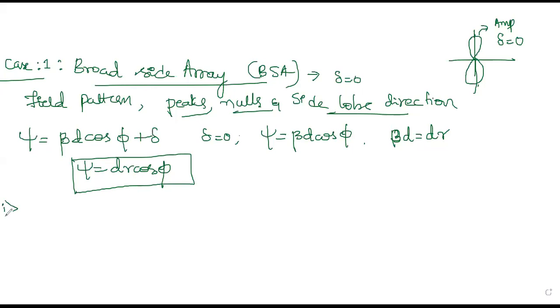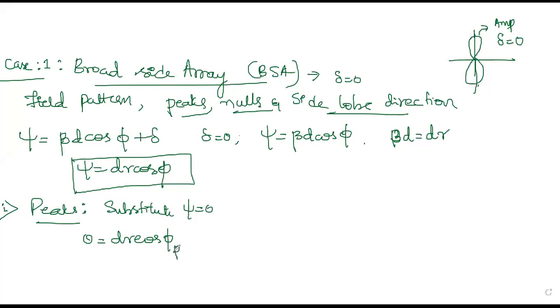Now to find out the direction, you have to find out first the peaks. To find the peaks, the step is you have to substitute xi is equal to 0. So if you substitute xi is equal to 0 in this equation, it will be 0 is equal to dr cos phi. You're finding peak, so I'll substitute the subscript p.